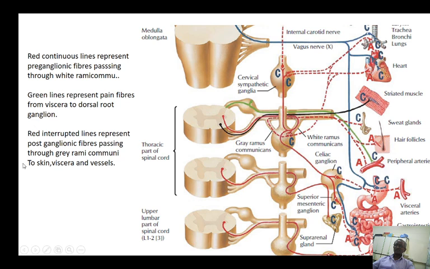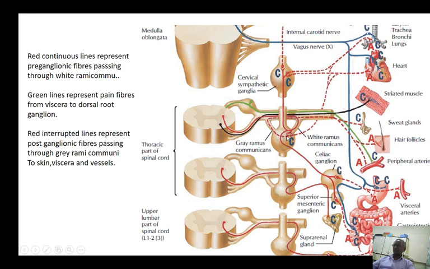Then red interrupted lines represent the postganglionic fibers passing through the gray rami communicant to skin, viscera, and nerve. So here the red interrupted line are the postganglionic fiber. That means the synapse is in the sympathetic ganglion. Here this is the continuous line which is coming from the spinal cord to the ganglion.